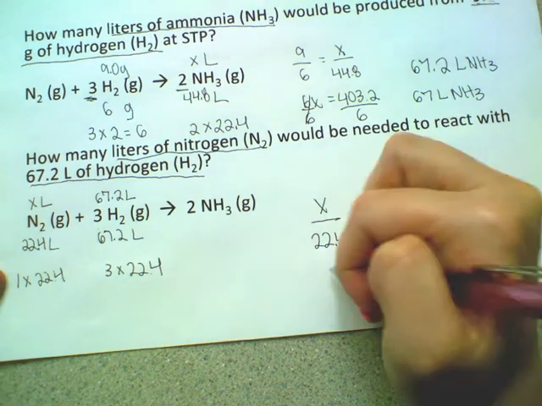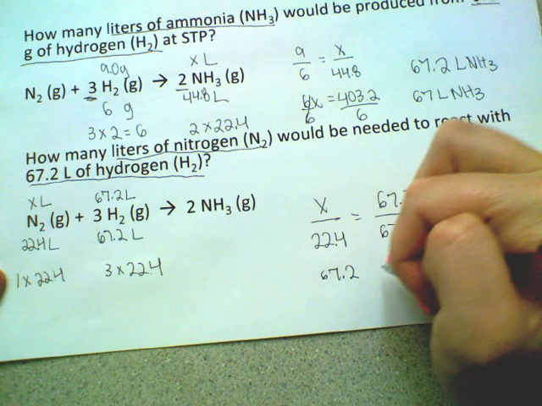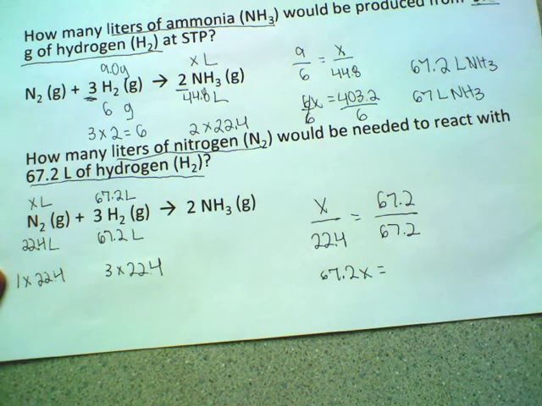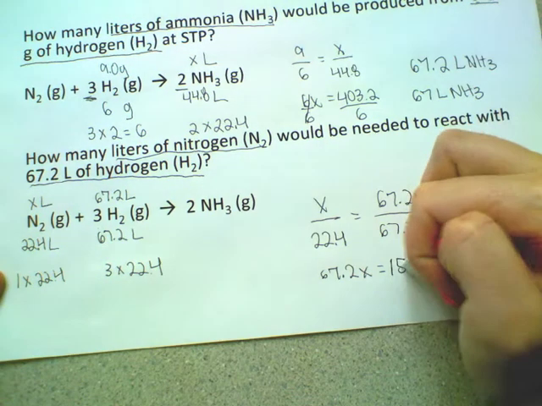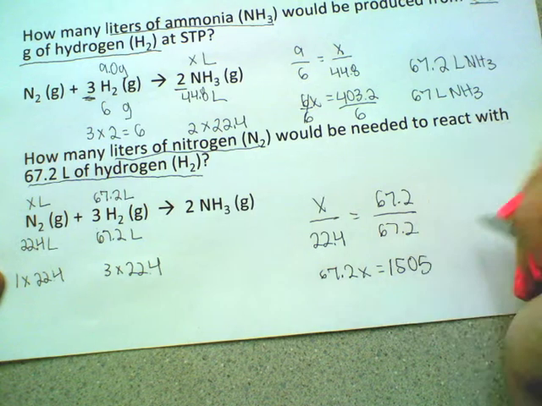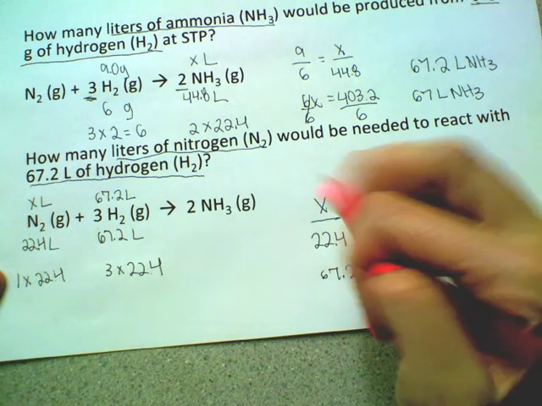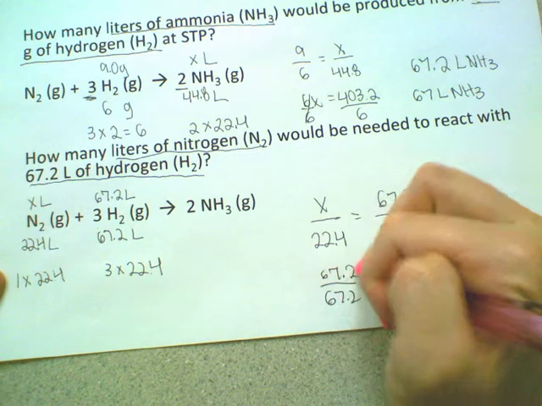Cross multiply, 67.2 x equals 22.4 times 67.2. We want to get x by itself, so we'll divide both sides.